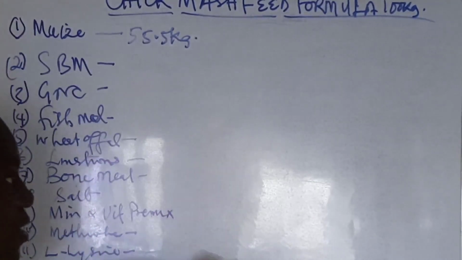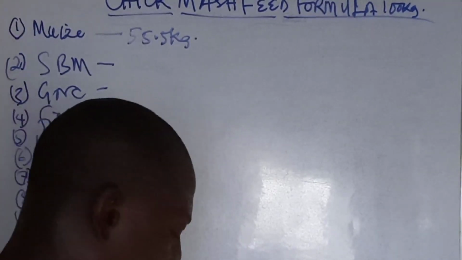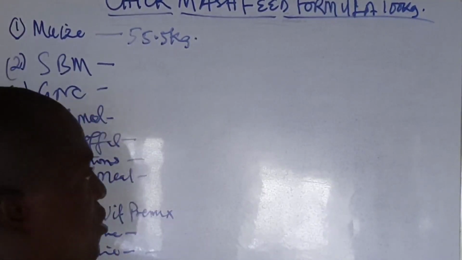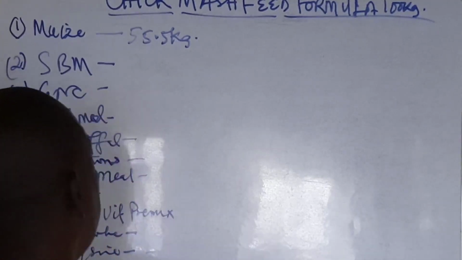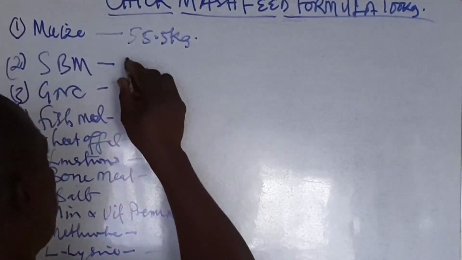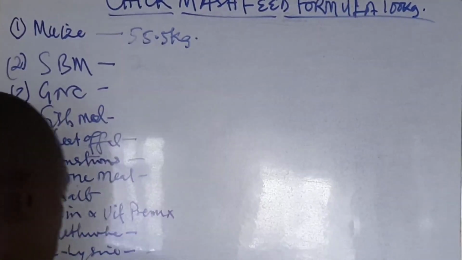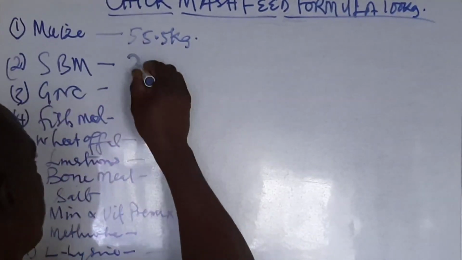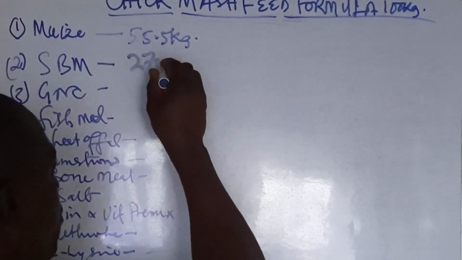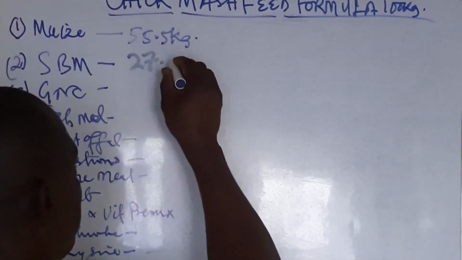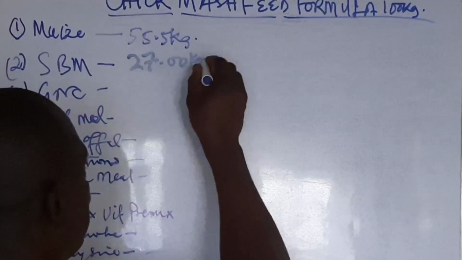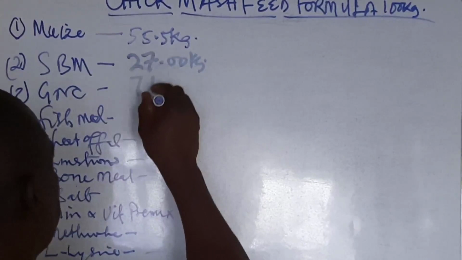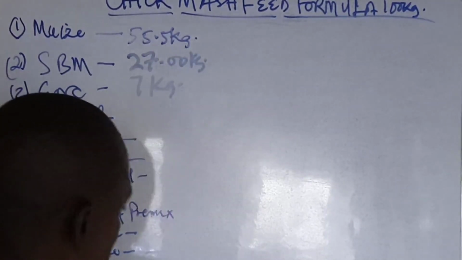The protein of soybean is always 45, good quality one. For soybean, we are using 27 kg. Now for GNC, we use 7 kg.